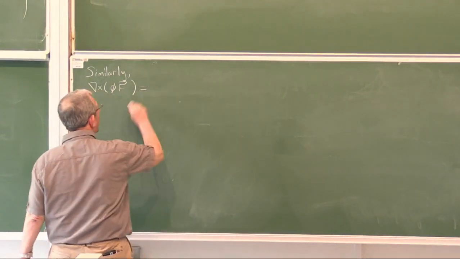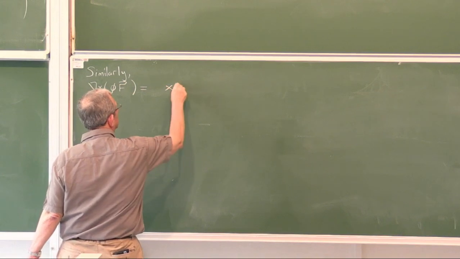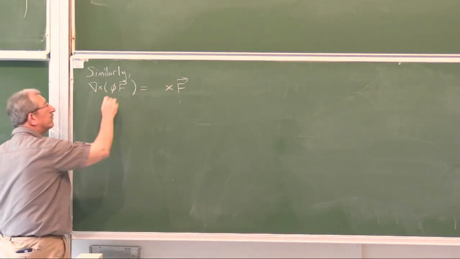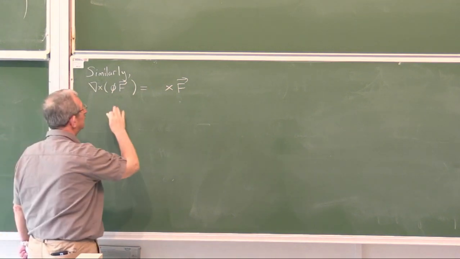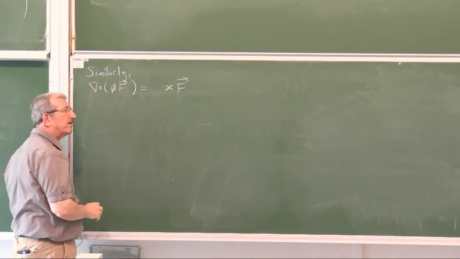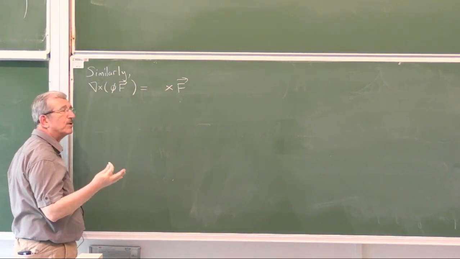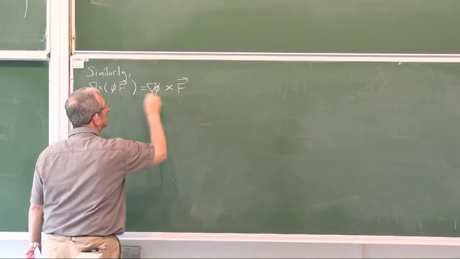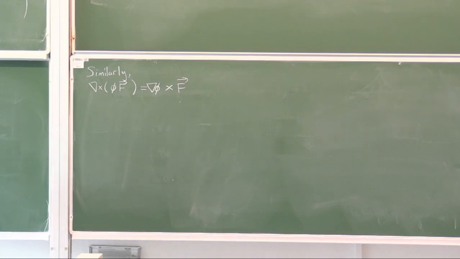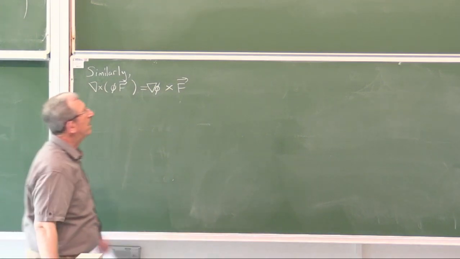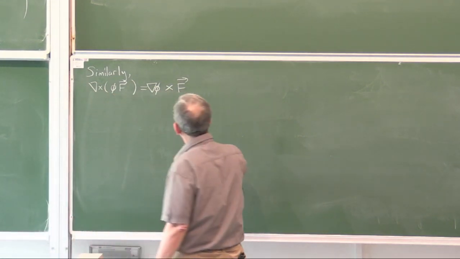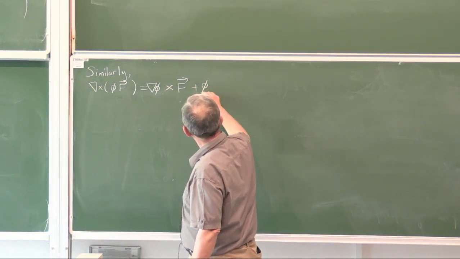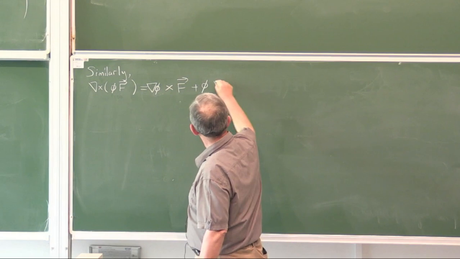So you must have a cross here, derivative of the first one, cross f, but phi is a scalar valued function. But when you take the derivative, in some way, you must get a vector, and this is possible if you consider del phi. Well, del phi is a vector. You take the cross product of the two, plus phi times the curl.